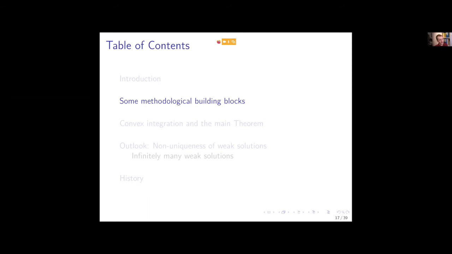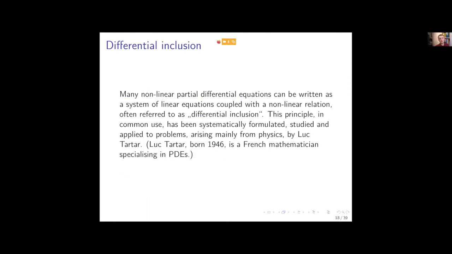Very good. So now let's look at the methods that they're using. As I said, the Euler equation is nonlinear, but usually it's easier to look at equations that are linear. So you can transform the Euler equations, the two equations, into a linear system with one additional assumption.